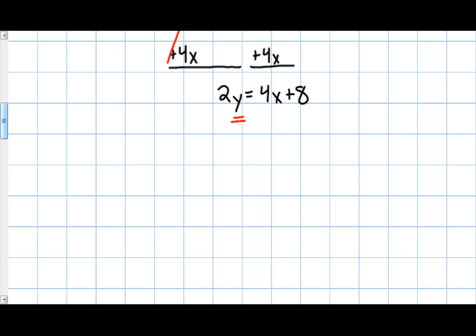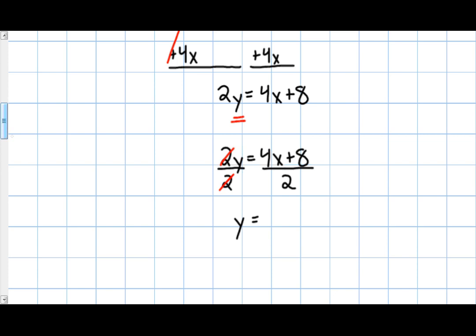So I want to isolate that y right there. That means I've got to get rid of the 2 that's in front of it. To get rid of the 2, I do the opposite of multiplying y by 2, and that's dividing y by 2. But if I do it to one side, I've got to do it to the other side as well. Over here, the 2's cancel out, which leaves me with y.